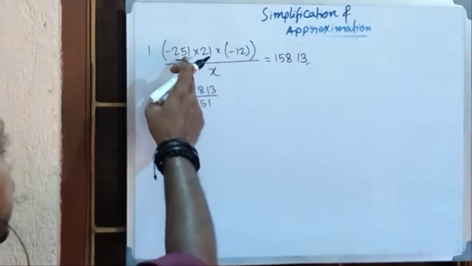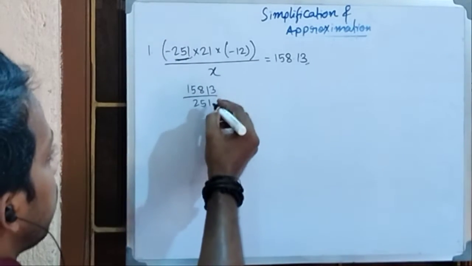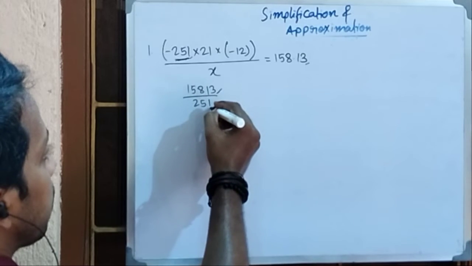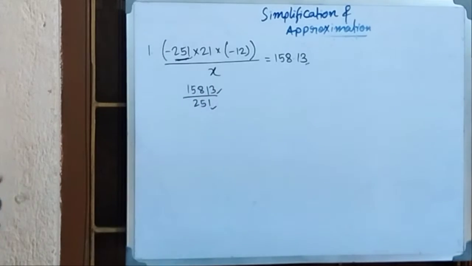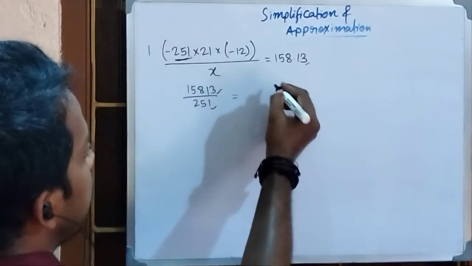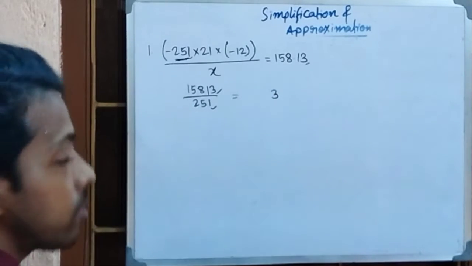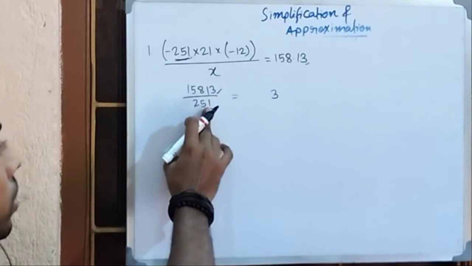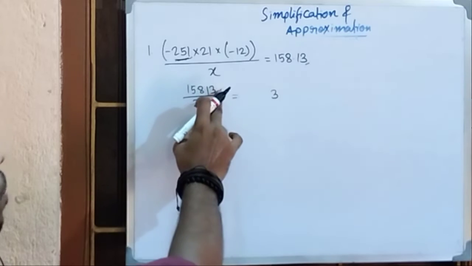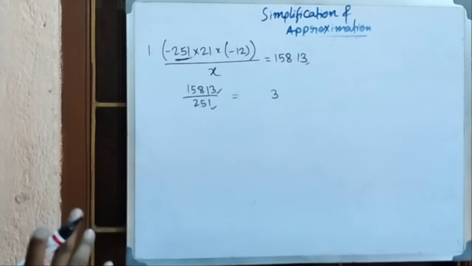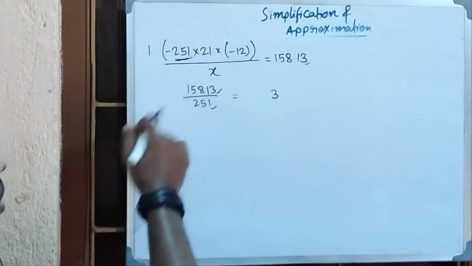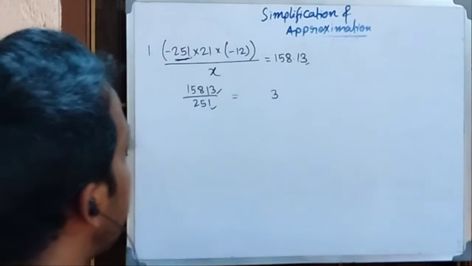Why am I taking this 251 here? Because this unit place is 3, this unit place is 1. So whatever result comes in definitely has the unit place 3, because the multiplication with this number would definitely serve the purpose if it gives some integer value after this division, right?